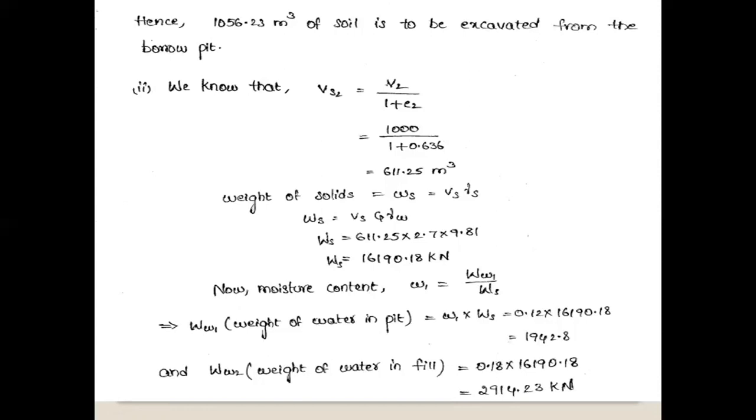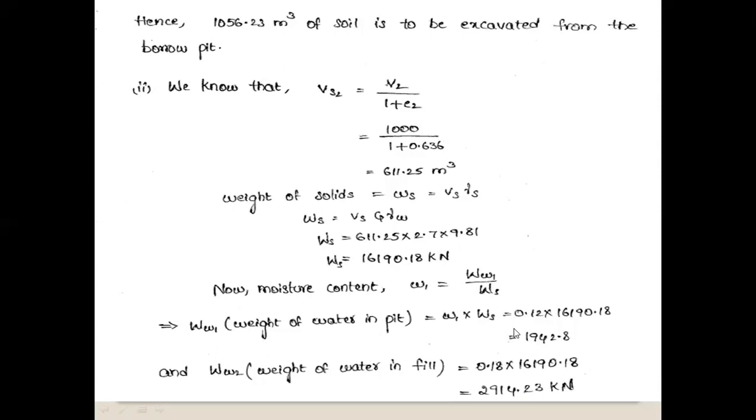Next, moisture content W. Now moisture content W1 is equal to weight of water divided by weight of solids. So we find out W1 and W2, the weight of water in the pit and the weight of water in the fill. The weight of water in the pit WW1 equal to W1 into Ws, so moisture content into weight of solids.